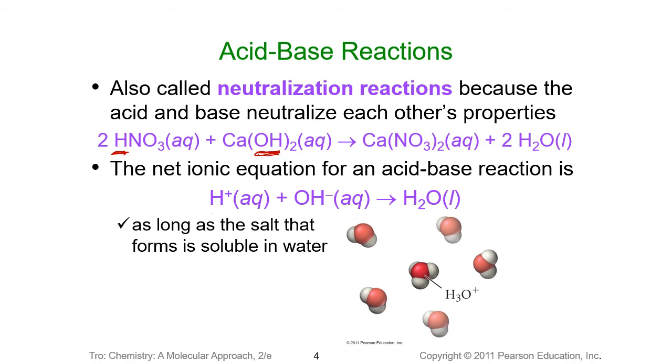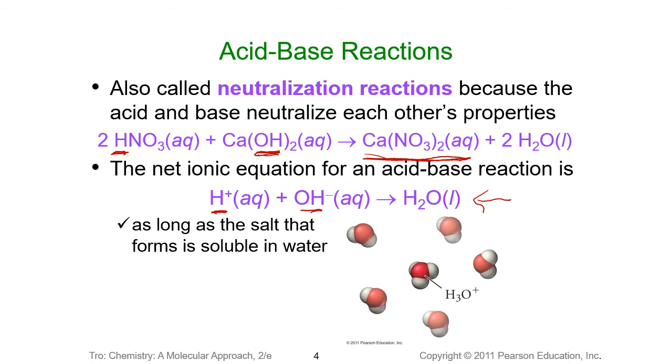The H+ is from the acid, the OH- is from the base, and when they react, they give us liquid water. And this is if the salt that is formed, salt being a generic way of saying ionic compound, is soluble.